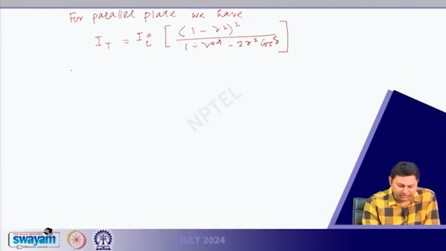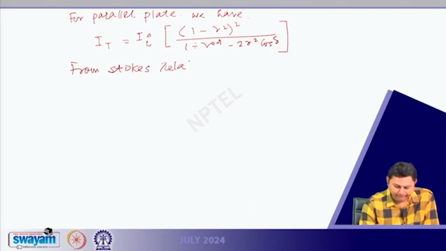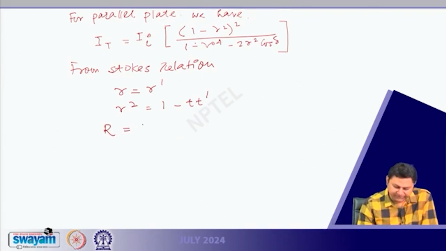Now, from the Stokes relation, we can have r equal to r prime, that is a Stokes relation we also derived, and r square is 1 minus t t prime. R, the big R, that is the reflectivity, is defined by r square or r prime square.